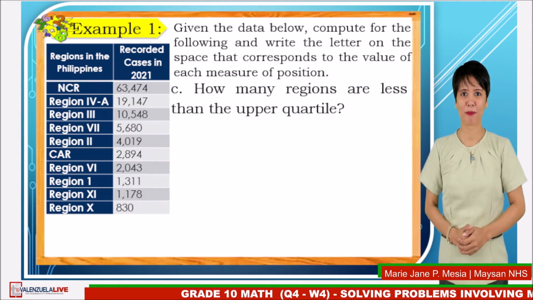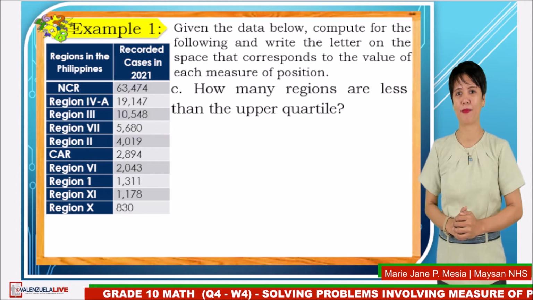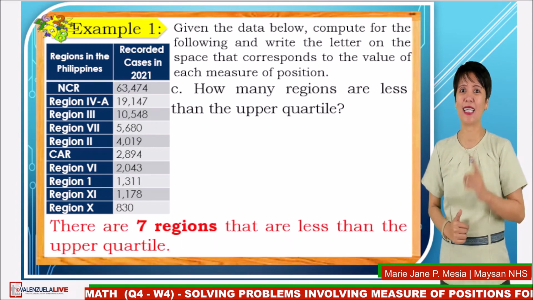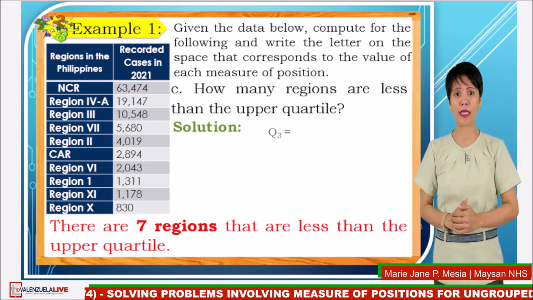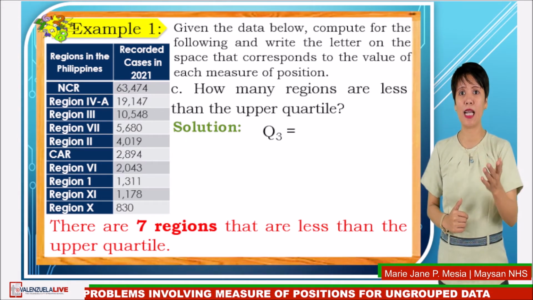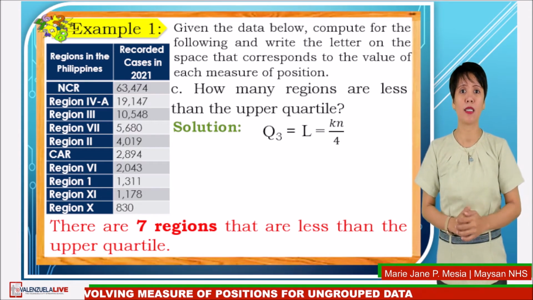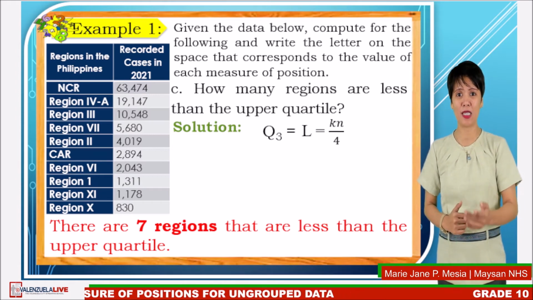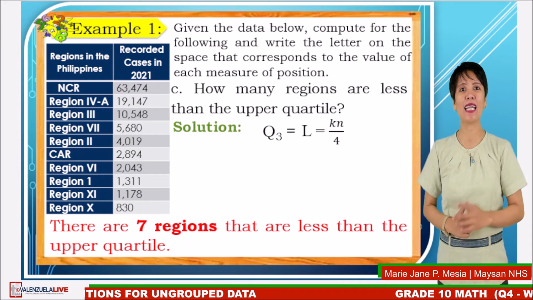Letter C. How many regions are less than the upper quartile? The answer is, there are 7 regions that are less than the upper quartile. Solution: to find the quartile 3, the locator formula for quartile 3 is L is equal to Kn divided by 4. The denominator to be used in the locator formula is 4, since quartiles divide the whole distribution into 4 equal parts, where K is equal to 3, N is equal to 10.